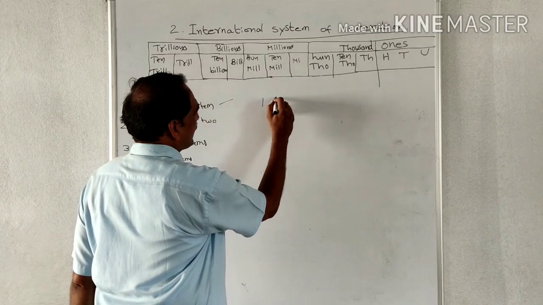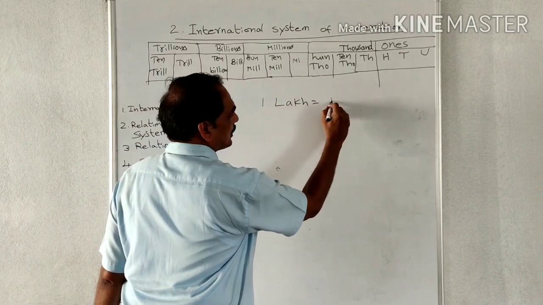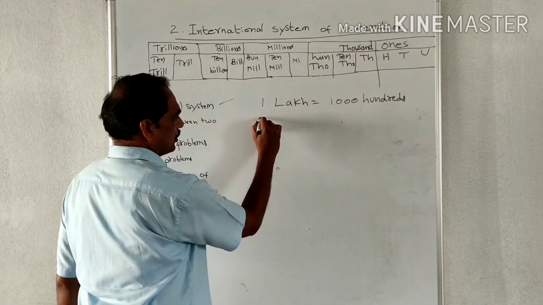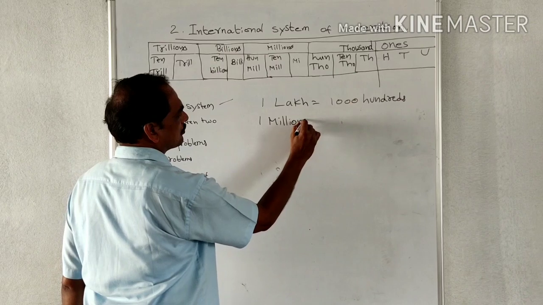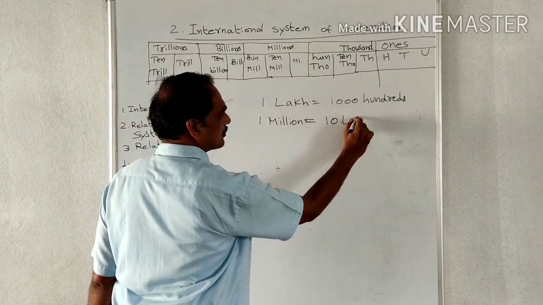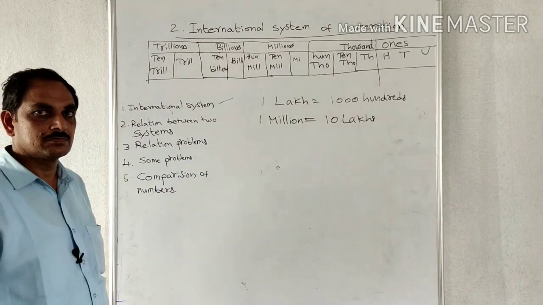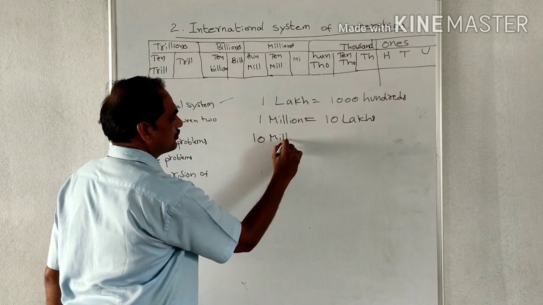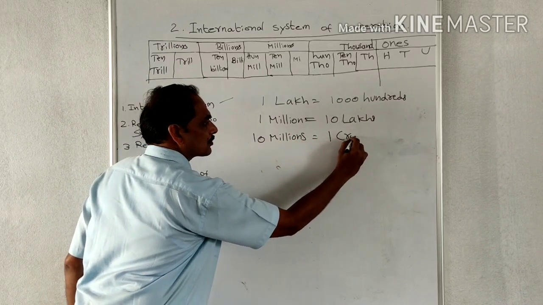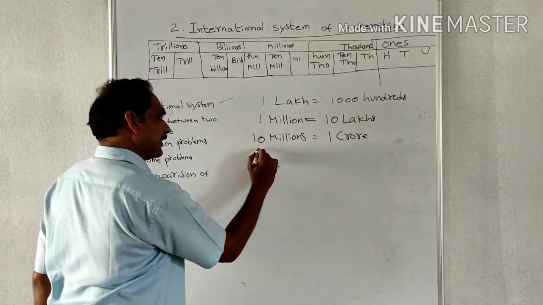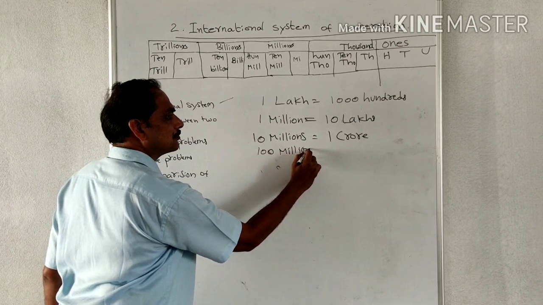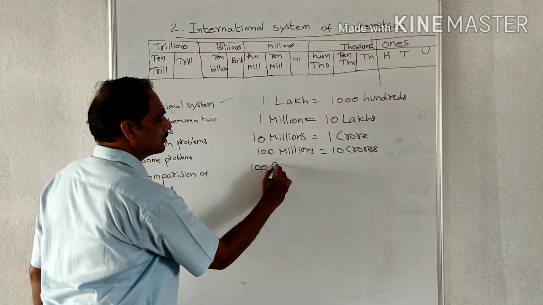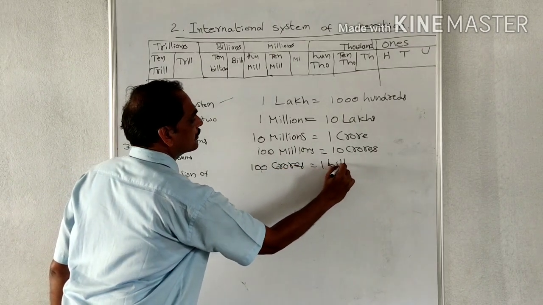That is, 1 lakh equals 100 thousands, and 1 million equals 10 lakhs. 10 millions equal 1 crore. 100 millions equal 10 crores. 100 crores equal 1 billion.